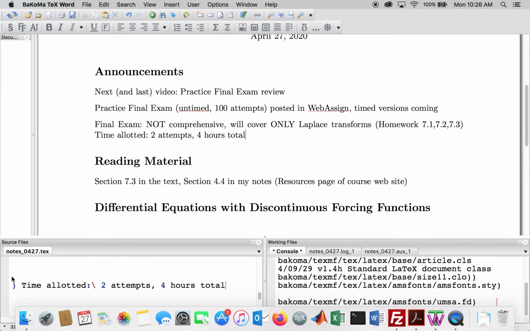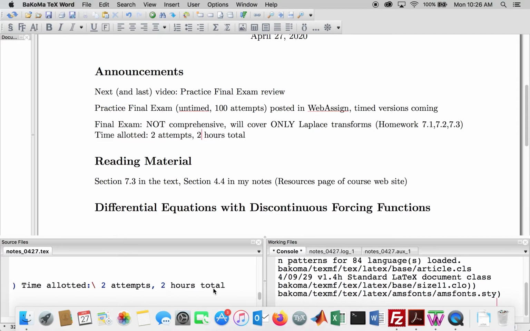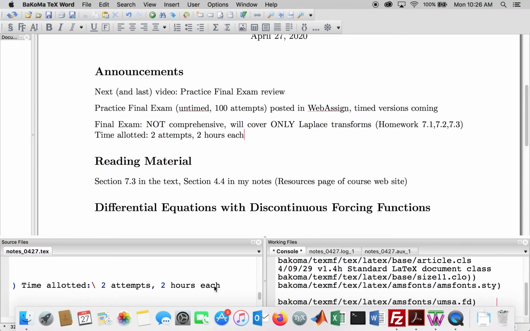So what I'll probably do is set up 2 separate finals, 1 attempt each, and then I'll take the best one. So 2 hours each. It'll have to be done as 2 separate assignments within WebAssign, but I can easily set up a gradebook so that it'll just take the best one of those 2. Whichever final, if you don't use both attempts or one is better than the other, the lower one will automatically be dropped.